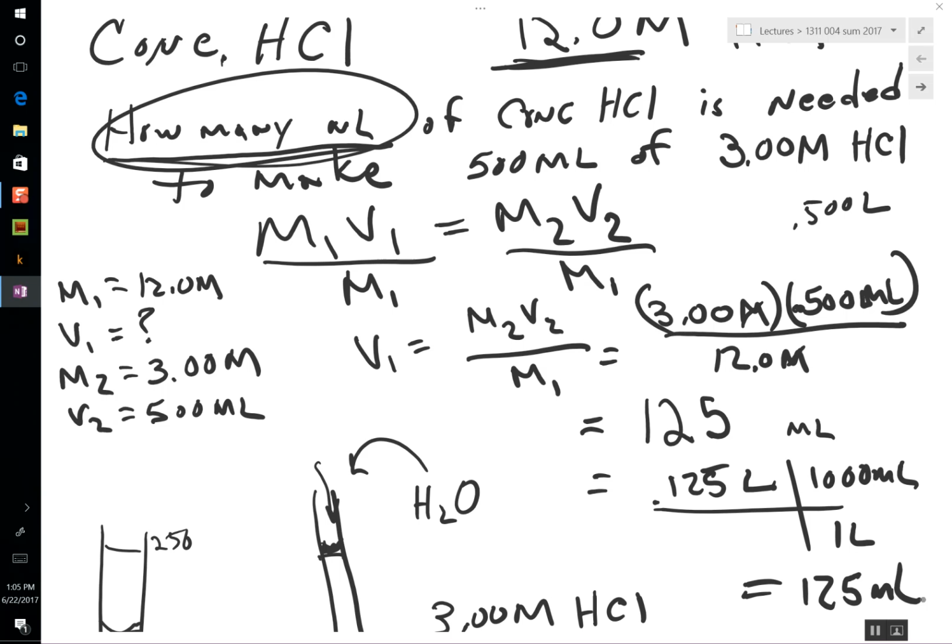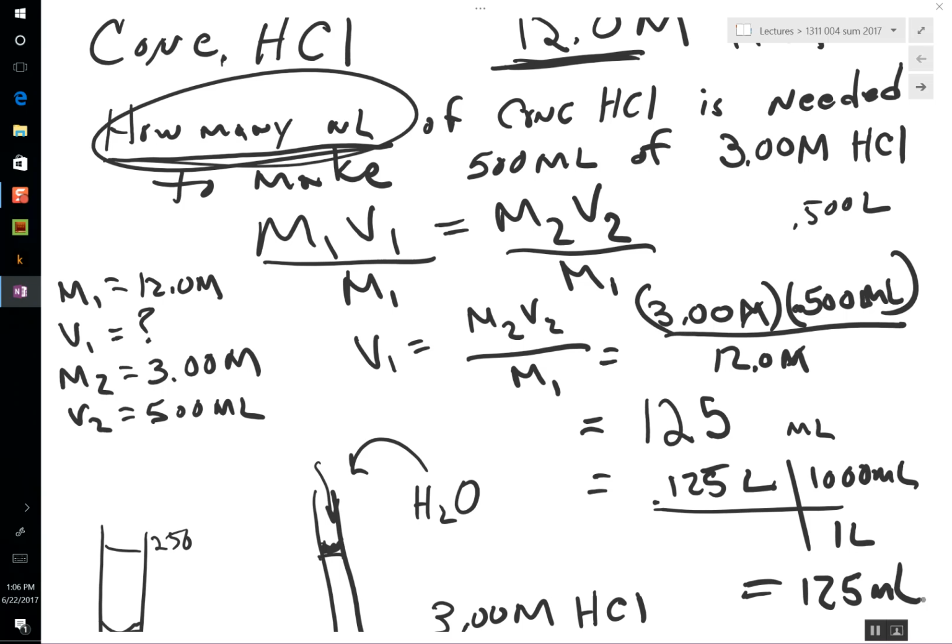What helps you figure that out is this definition: moles per liter. So what has to go in here is moles, and what has to go in there is liters. So your milligrams need to be converted to grams, so you can convert that to moles, and your milliliters need to be converted to liters. But in dilution, they might ask you for milliliters.